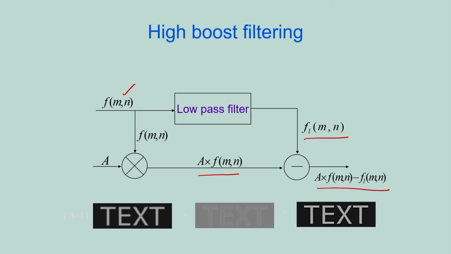So you can see this is my original image, and suppose I am considering A minus 1, plus the blurred version of the image, and I am getting this output, that is the high boost filtering.